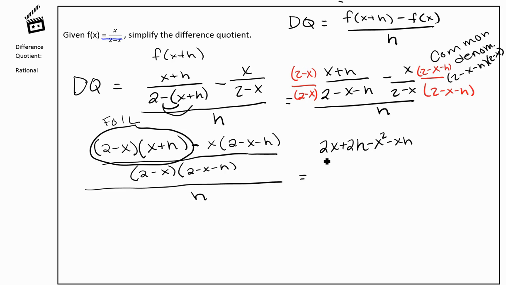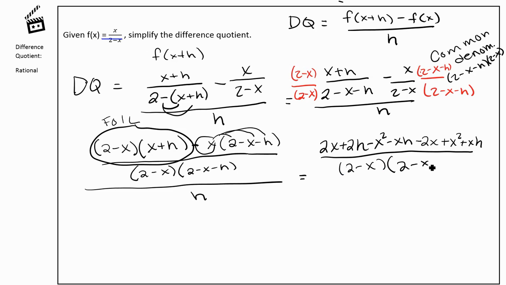Okay, then we need to distribute this minus x to every term here. So doing that, we'll get minus 2x plus x squared plus xh. Okay, then we've got our common denominator, 2 minus x times 2 minus x minus h, all over h.